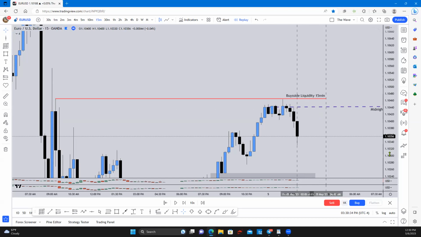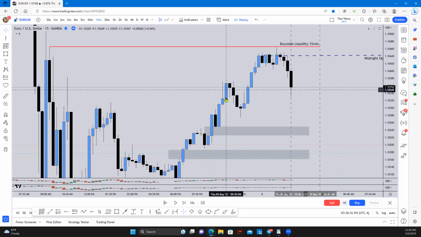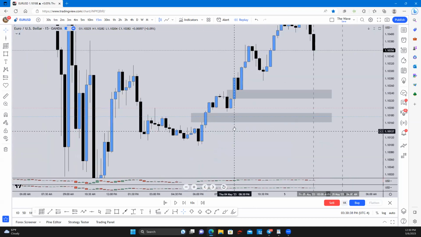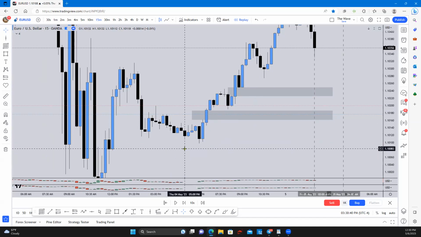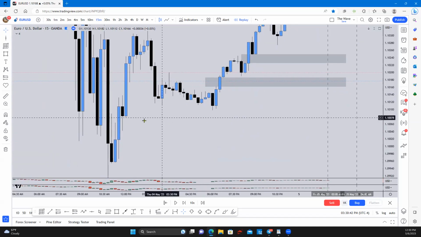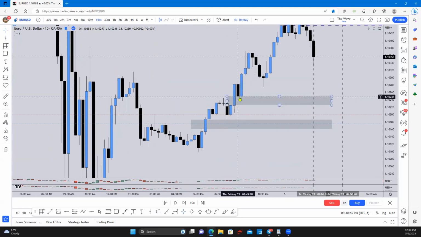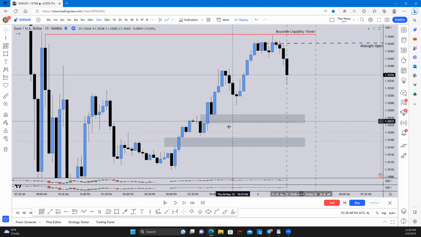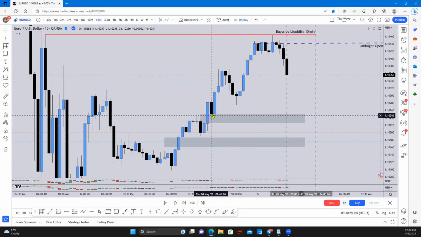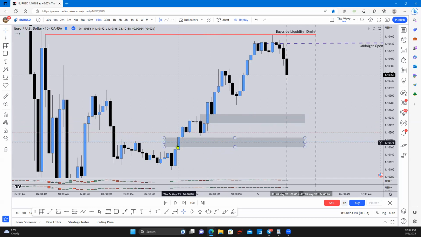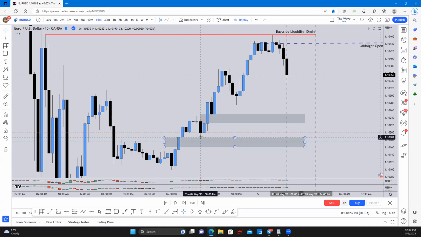So below us, we don't have any relatively equal lows until you come close to here. Or these, you can argue these two, but we do have gaps. So we have inefficiency here. There's a fair value gap, and we have a fair value gap here. These relatively equal lows.